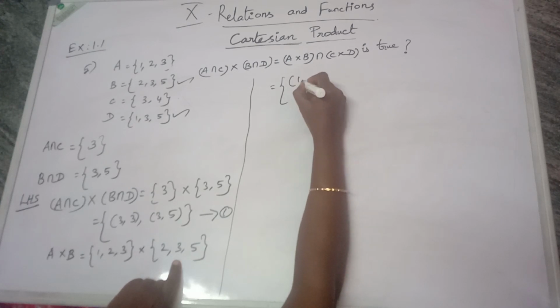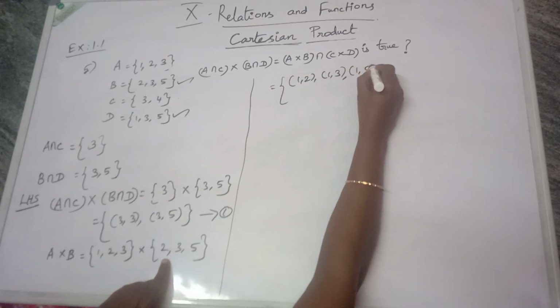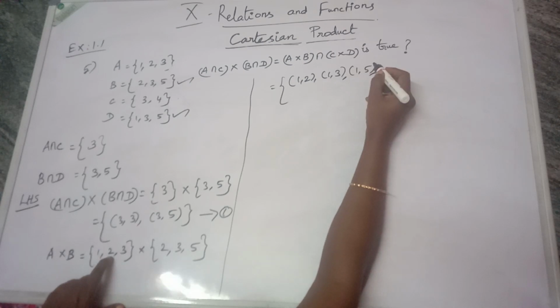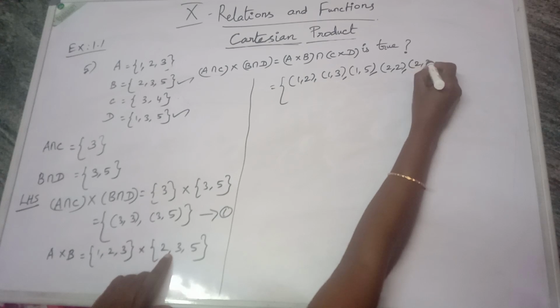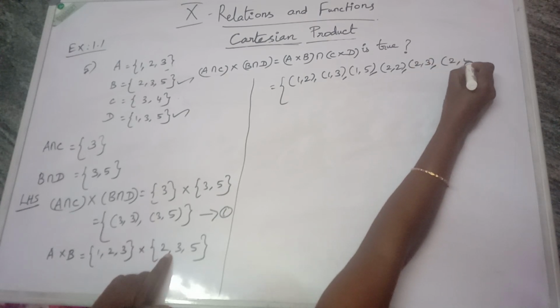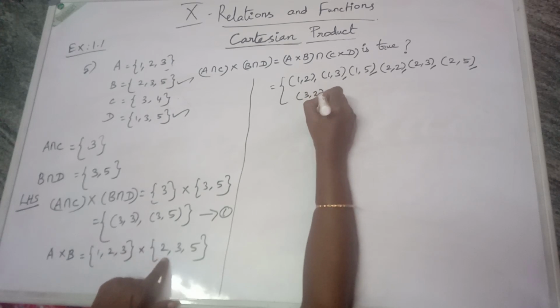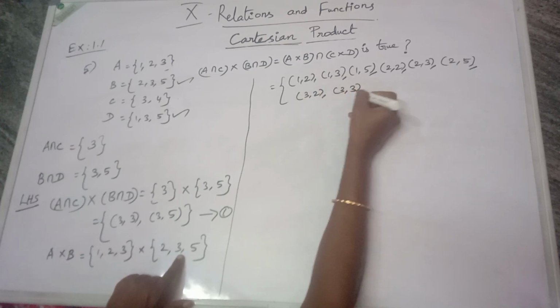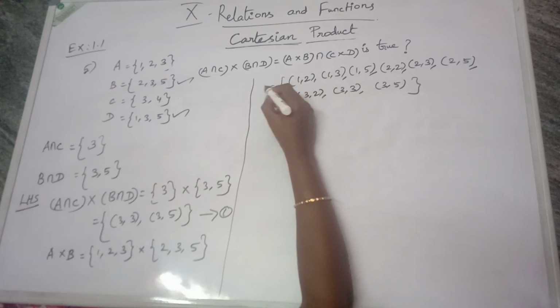So 1 comma 2, 1 comma 3 and 1 comma 5. Then with the second element 2: 2 comma 2, 2 comma 3 and 2 comma 5. And with the third element 3: 3 comma 2, 3 comma 3 and 3 comma 5. This is A cross B.